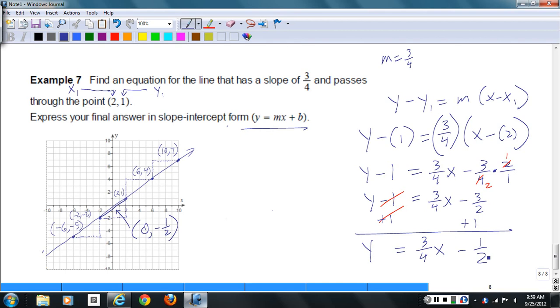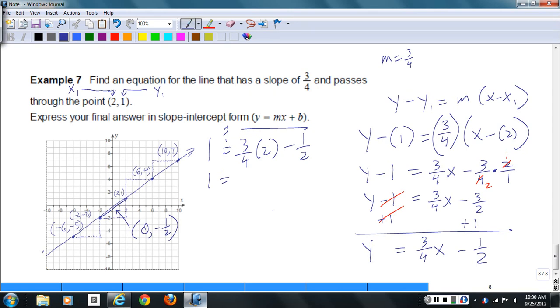So we should check 2 or 3 of them. Let's check (2, 1) for sure because that point was given. If x equals 2, and we multiply 3/4 by 2 and subtract 1/2, do we really get 1 for y? We need to, otherwise something has gone terribly wrong. So let's hope it works.